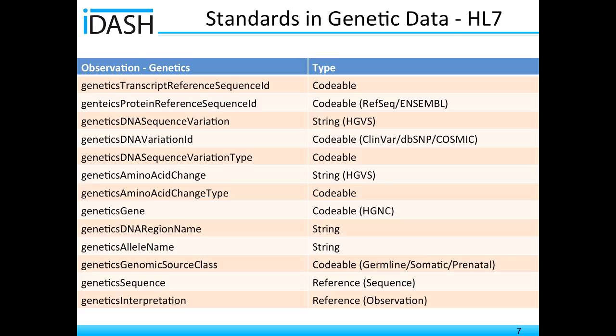But HL7 actually has a wide variety of these categories for both DNA, RNA, and amino acid changes. So all these are codable and are able to be reported consistently, allowing easy categorization.